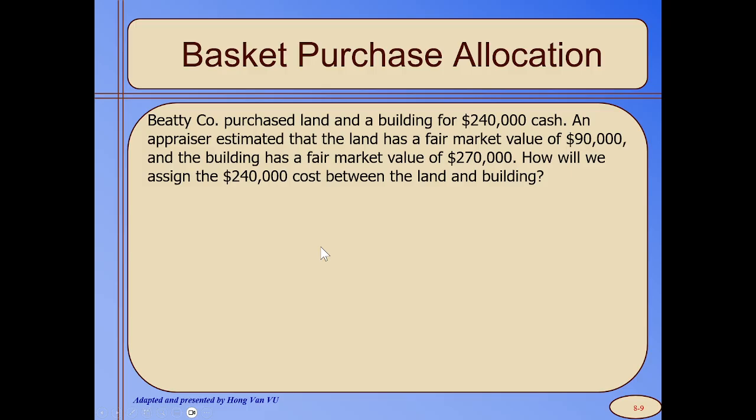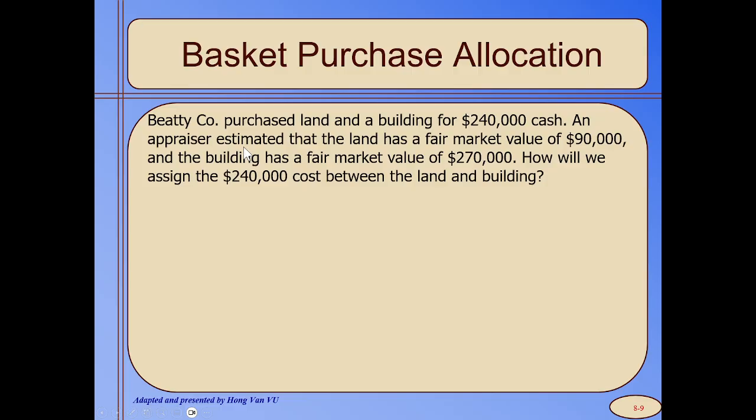Now I want to introduce another term we call a basket purchase allocation. Let's assume that the Betty company purchased land and building for $240,000 cash. We know the building is depreciated, but the land is not depreciated.